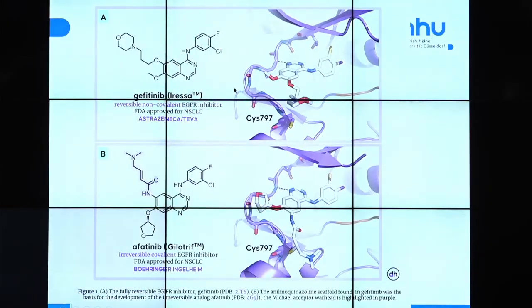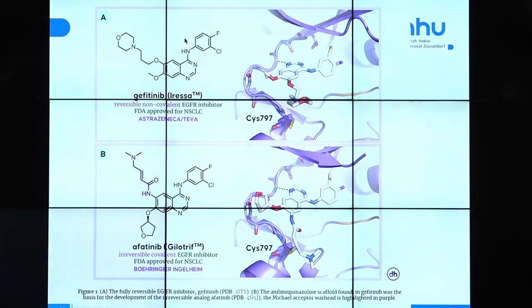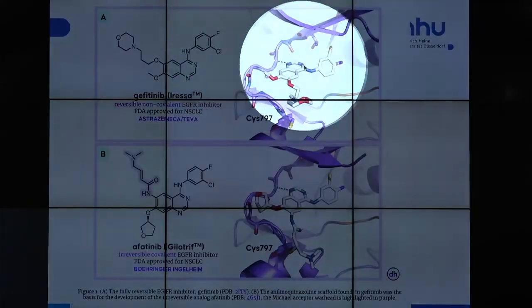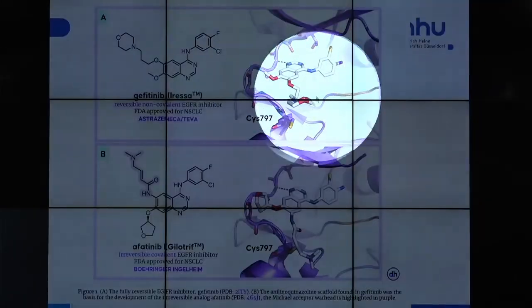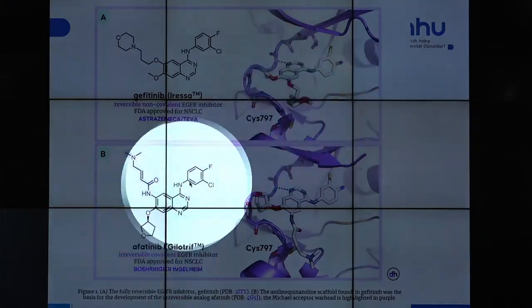You see the morpholine moiety has good solubility. Otherwise, this is a very rigid aromatic structure that would not be soluble, so it goes here with a different structure and has good binding properties this way. The morpholine moiety does not really contribute too much to the binding, but contributes to the solubility. And then you can have very similar binding properties.